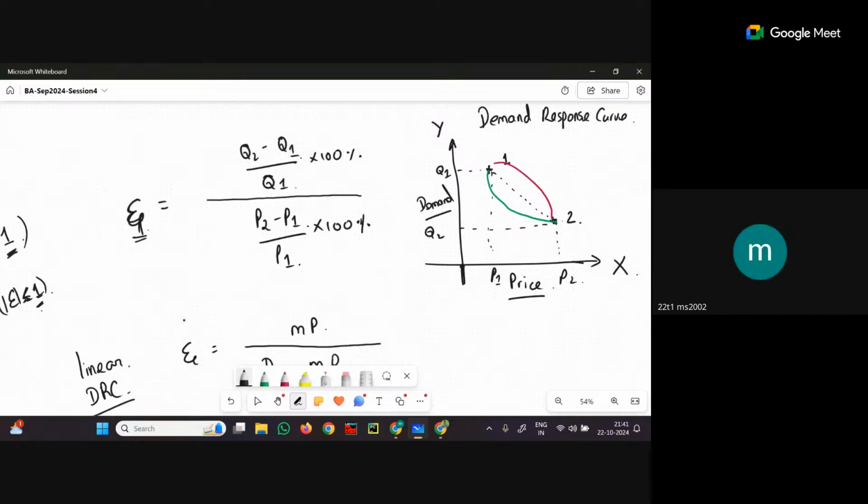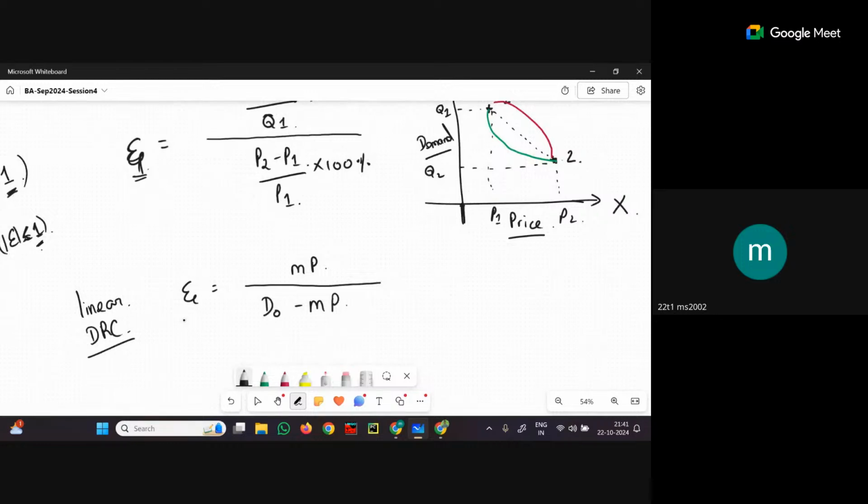Whereas you look at this one. Here, these two lines are on a straight line. And what is the elasticity at a point on that curve? If I have a price of, let's say, Px, then what is the elasticity at x? I get it as m into Px divided by d0 minus m into Px.